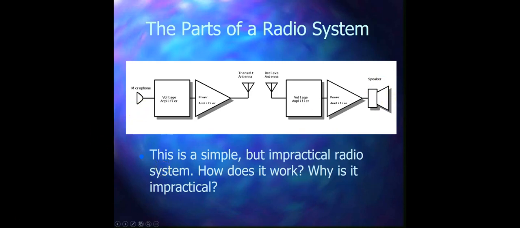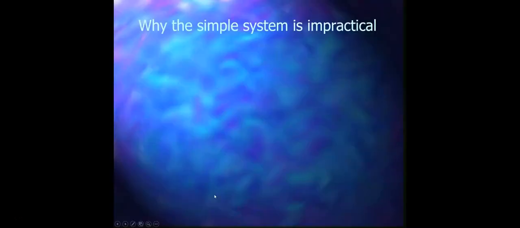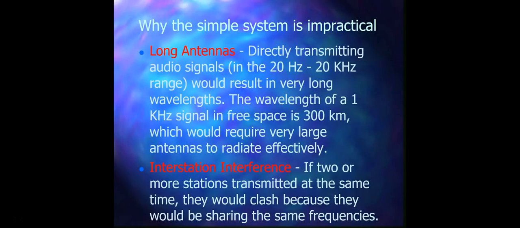Now the system which I have shown here is a simple but impractical radio system. Why do you think that this is impractical? We are going to learn that in the coming slides. So here are the two reasons for that. First is a long antenna.